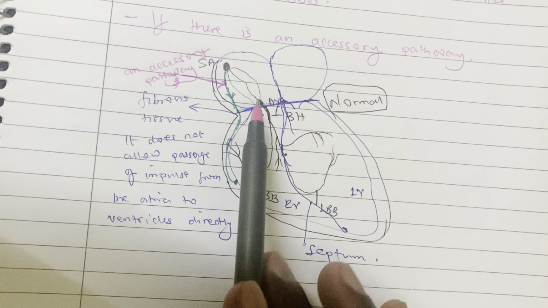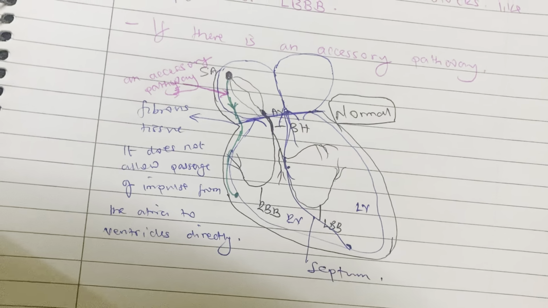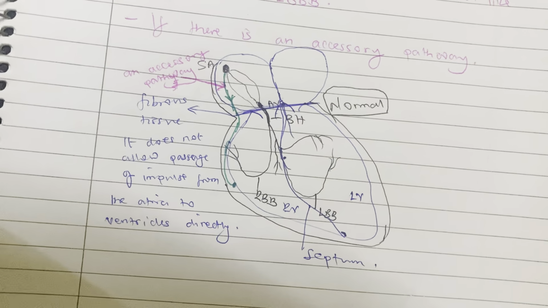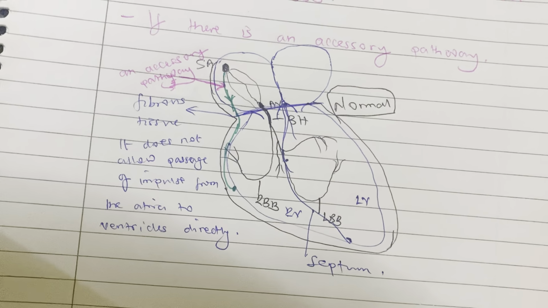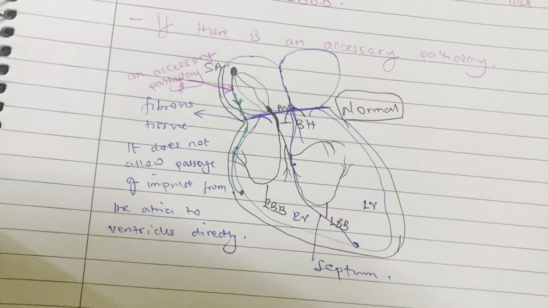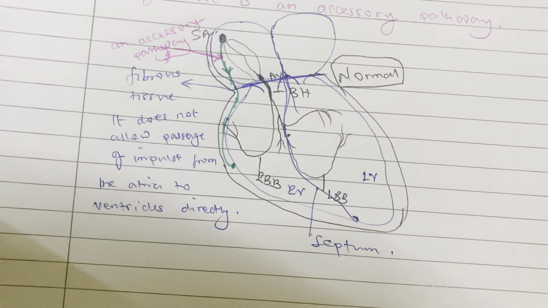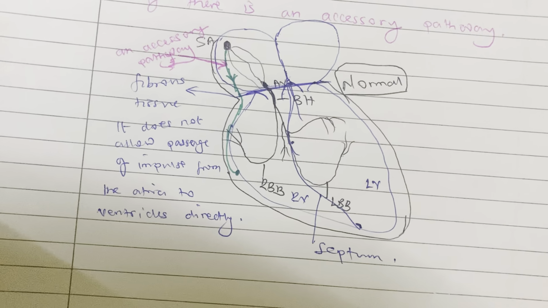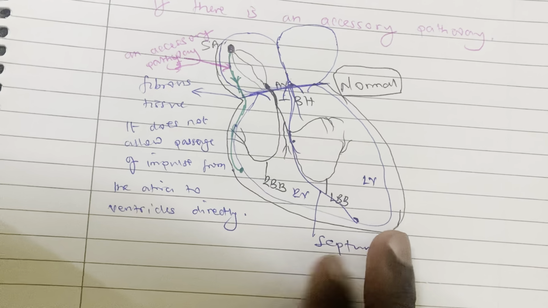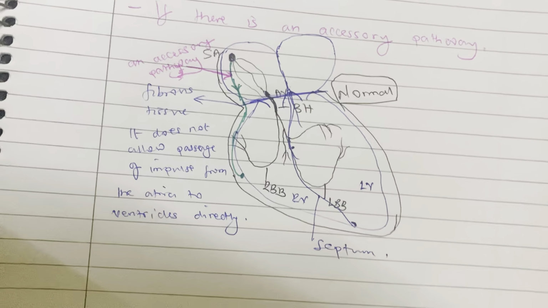So if such happens, then it will produce a wide complex tachycardia. We shall see how, probably in our lectures on arrhythmias, in cardiovascular physiology, or in advanced ECGs. This is basic.